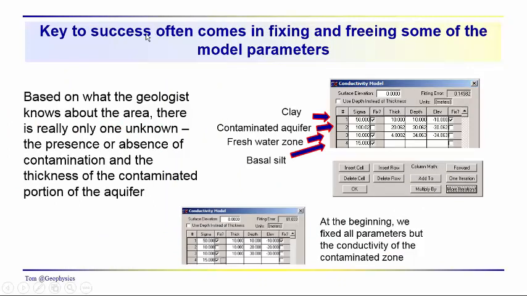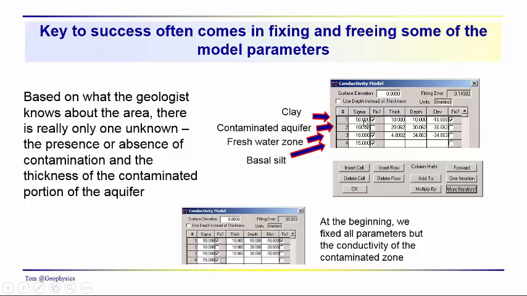So we've mentioned that fixing and freeing is important when you're developing your model, when you're trying to get a good match between the calculations and the observations. And fixing and freeing is important because you want the model to remain consistent with what you know about the geology.